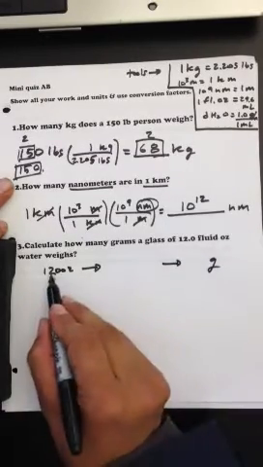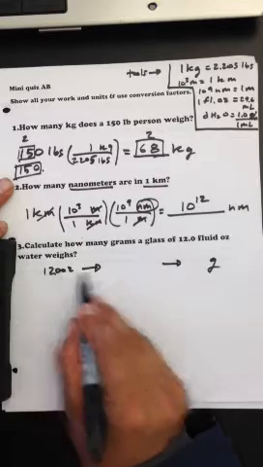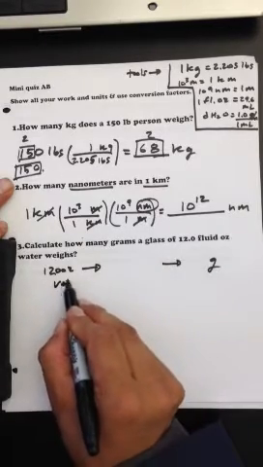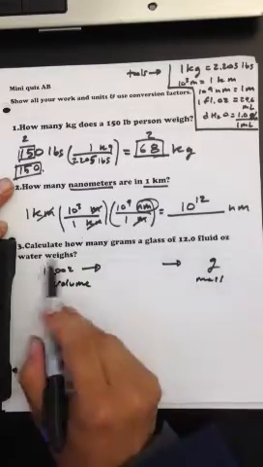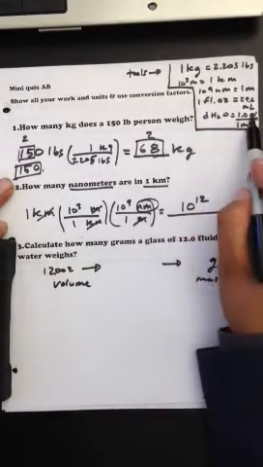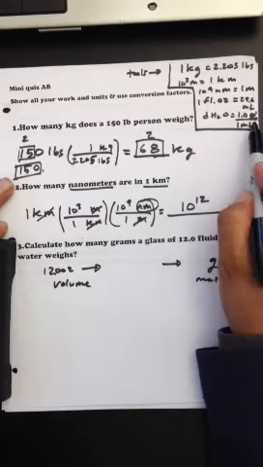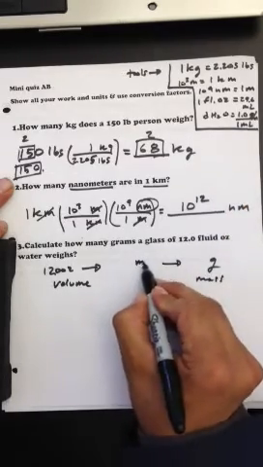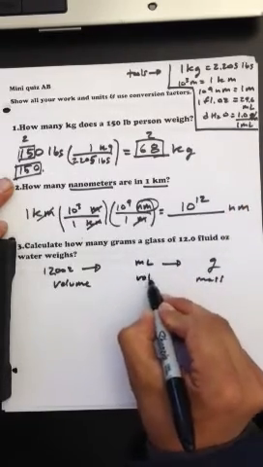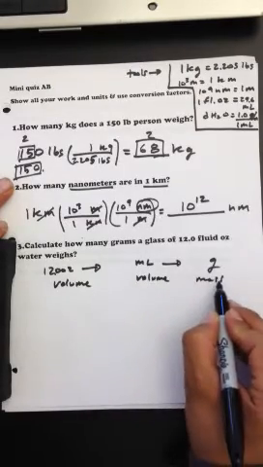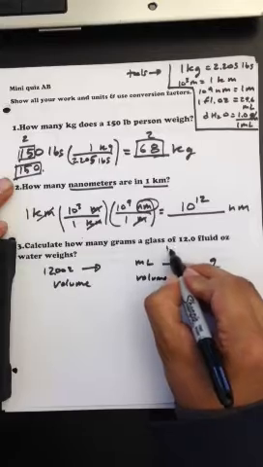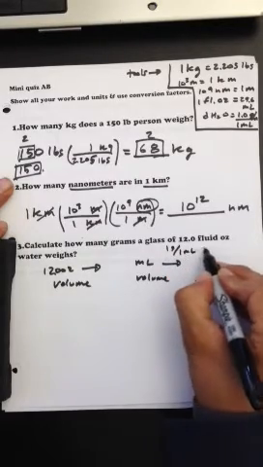So is there something that converts a volume to mass? Well, we have a density, which tells us the density of water is 1 gram per milliliter. So if we had the volume in milliliters, can't we go from volume to mass using the density, which is 1 gram per 1 milliliter of H2O?